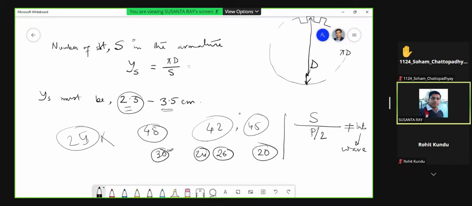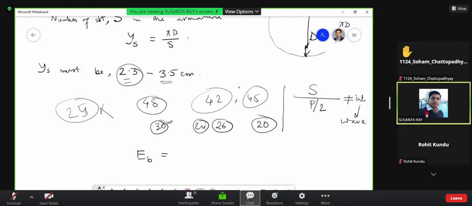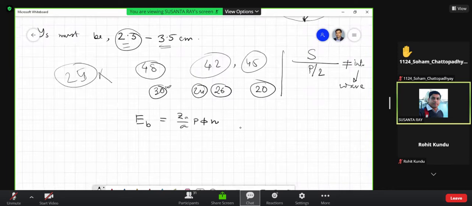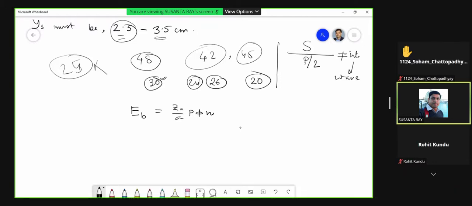Anyway, so the next step, the back EMF or the induced voltage expression, as you know, is ZΦnP/A, where n is the speed in revolution per second, isn't it? So this expression, I think you all know. Now if this is the n in revolution per second, what will be the peripheral speed?